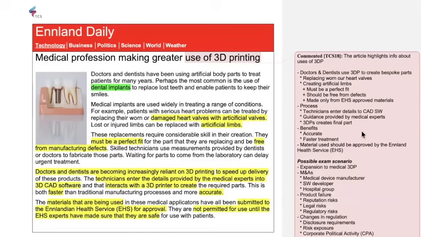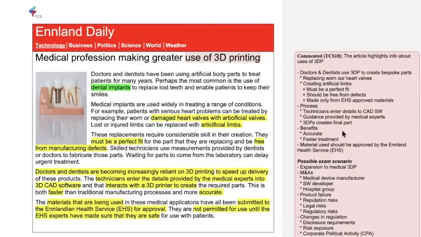So these two stakeholders come together when designing an artificial limb or any body part using 3D printing or CAD software. And once the design is finalized, a 3D printer creates the final body part.